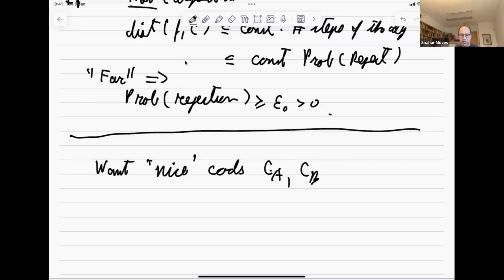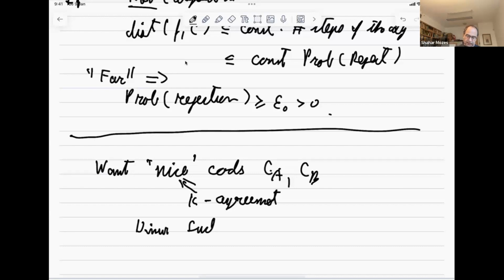But you want them to also have this kappa agreement. That was this nice property. And these things exist. These were constructed by the work of Irit Dinur, Madhu Sudan, and Avi Wigderson some years ago for different reasons. So they showed that such codes exist.